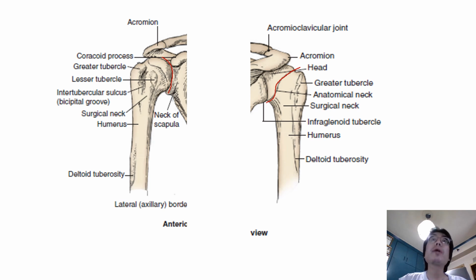The greater tubercle, which we shall mark with a star, lies just lateral and distal to the anatomic neck, and it is the attachment for the supraspinatus, infraspinatus, and teres minor muscles. Lying anteromedially to the greater tubercle is the lesser tubercle, which we shall mark with an asterisk. The lesser tubercle is the insertion for the subscapularis muscle.